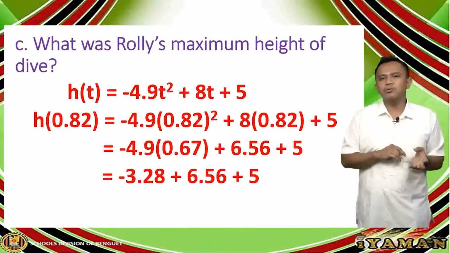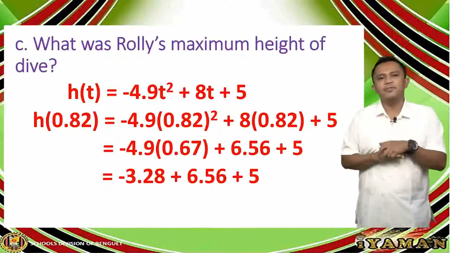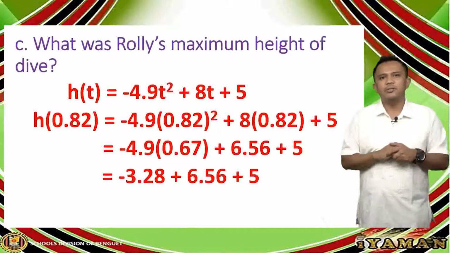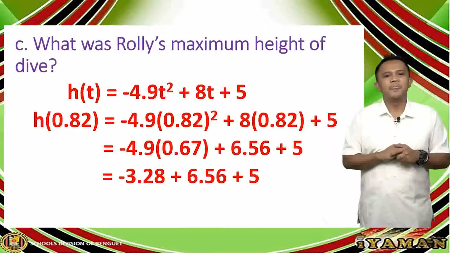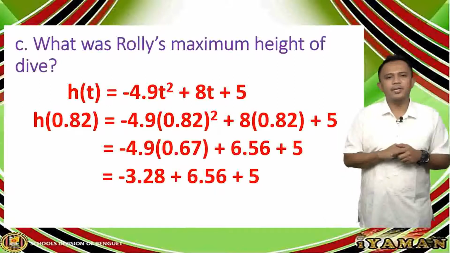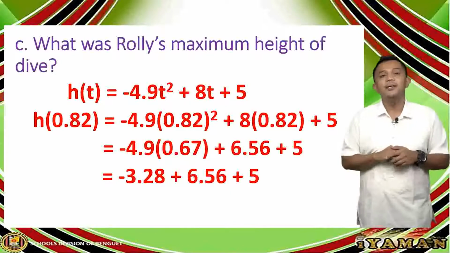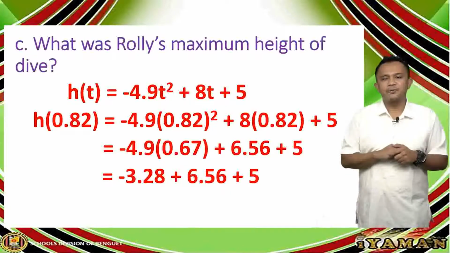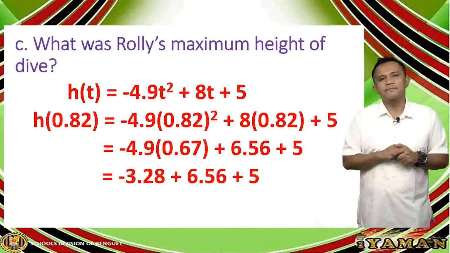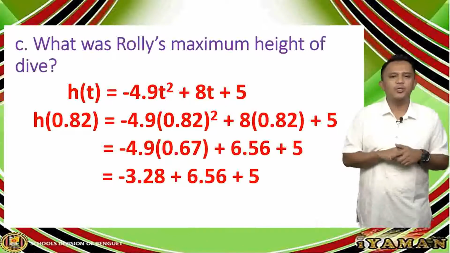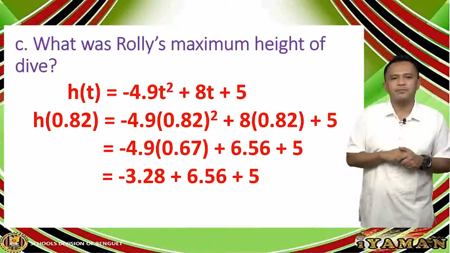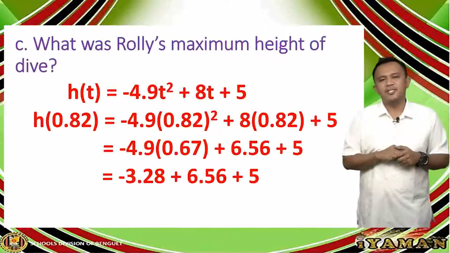So again, take note that all the t's in the original function became 0.82. That is by substitution. So, continuing, we have negative 4.9 and 0.82 squared is 0.67 plus 6.56 plus 5. And then we have negative 3.28, which is the product of negative 4.9 times 0.67, plus 6.56 plus 5.